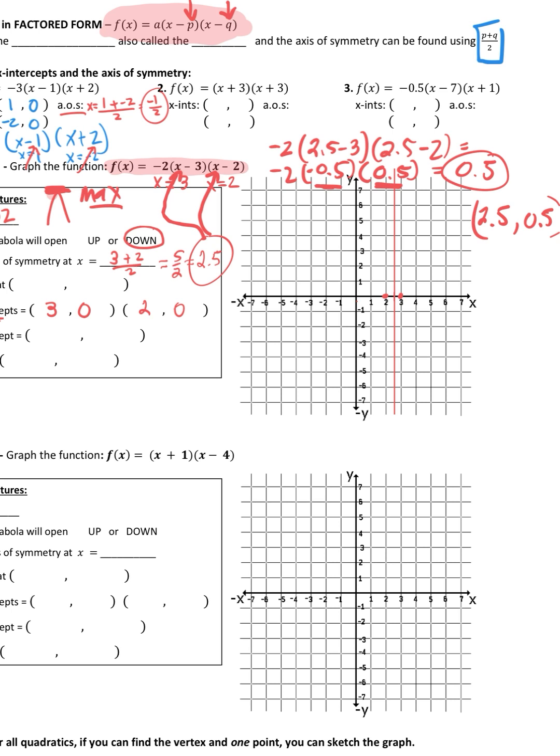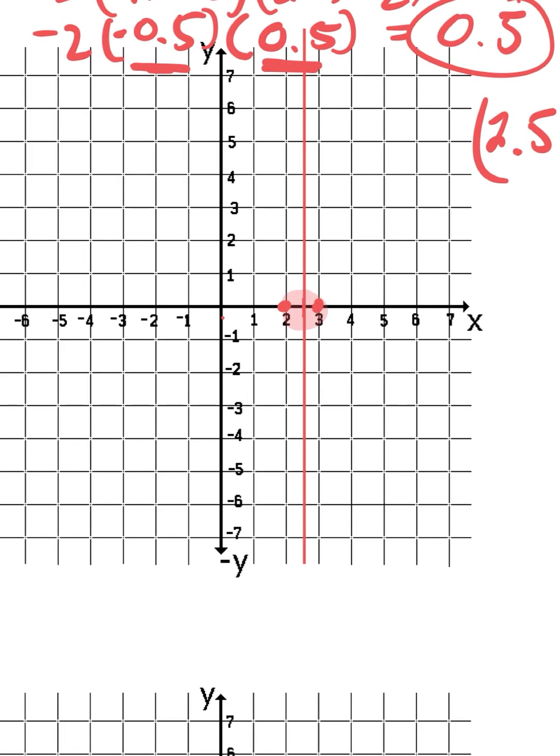Let me grab the highlighter again. So that's right here, that's 2.5. And then on the y-axis, it's 0.5. Let me zoom in quite a bit more, and we'll mark this right here, 0.5. This is 1, so 0.5 would be about right here. So this is our vertex right here.